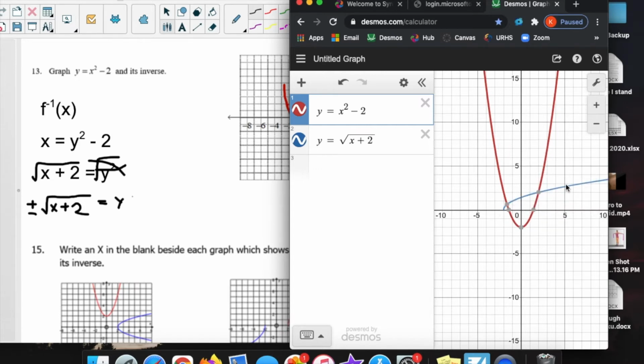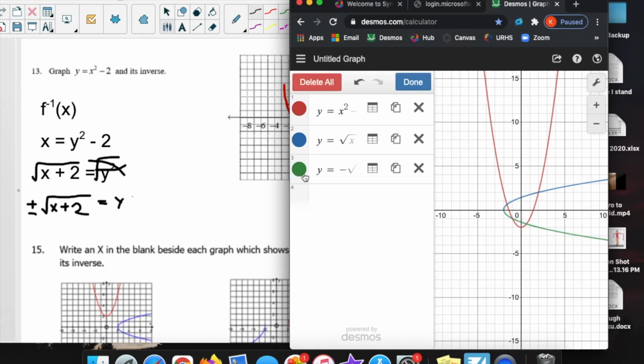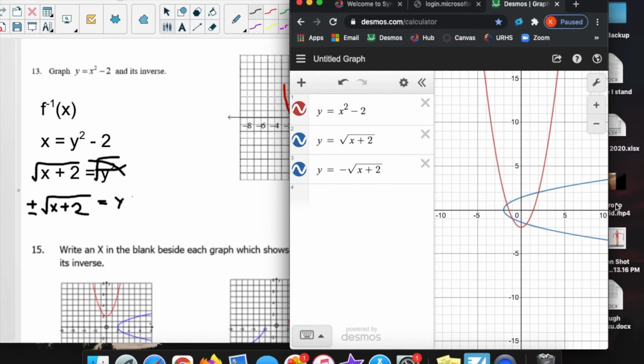A square root graph is almost like a cannonball shot out of a cannon; you shoot it up and it keeps going. But it's only half of the parabola, turned on its side. When I include the negative square root of x plus 2, you see that it completes the other side of that parabola. So now I have a true reflection of the other graph. That's what that would look like.